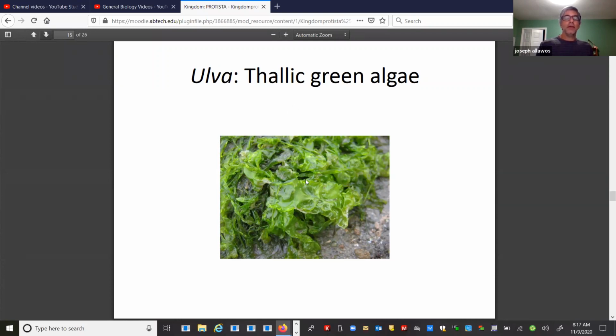And so if you ever look on piers or pilings at the beach, when the tide goes out, you may have seen this. You may have also seen it just floating in the water. And Ulva, or the green algae, the chlorophyta in general, are very important parts of our marine ecosystem. And also in freshwater, they're found.